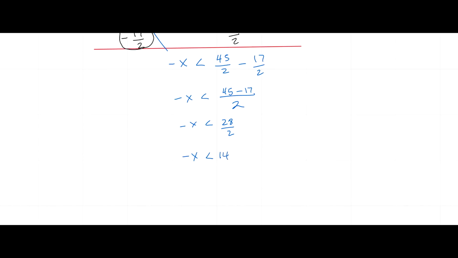But now we have a problem here. The variable x is a negative number. So therefore, we know that there is a number 1 in front of this number.